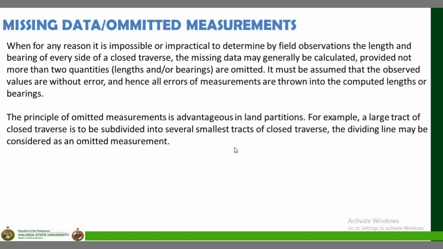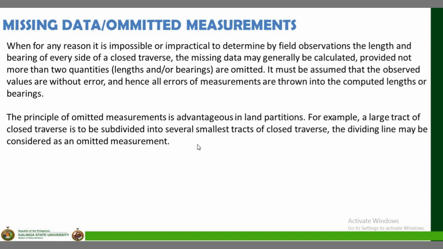Okay? So, the principle of omitted measurements is advantageous in land partitions. For example, a large tract of closed traverse is to be subdivided into several small tracts of closed traverse. The dividing line may be considered as an omitted measurement. So, there are instances kasi when we go to field survey, may mga lines na mahirap kunin yung kanyang length at saka yung kanyang bearing.